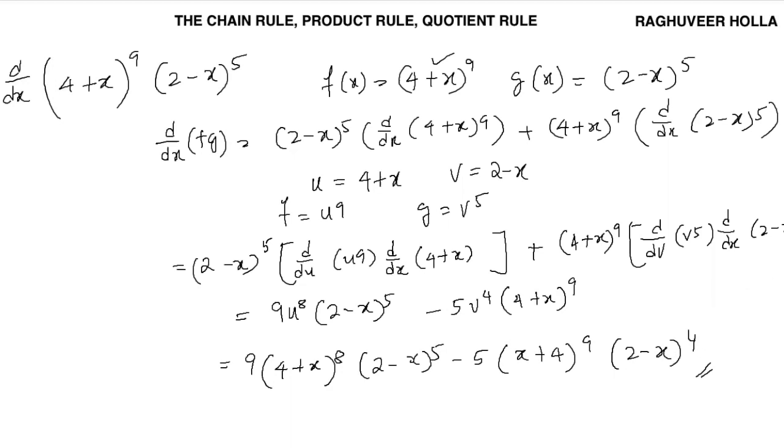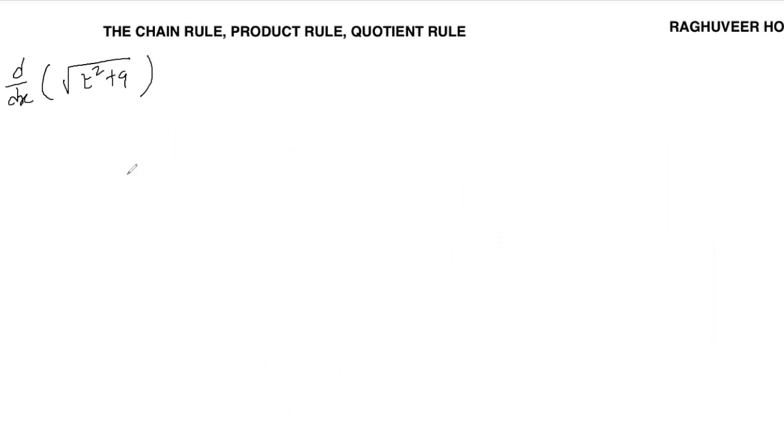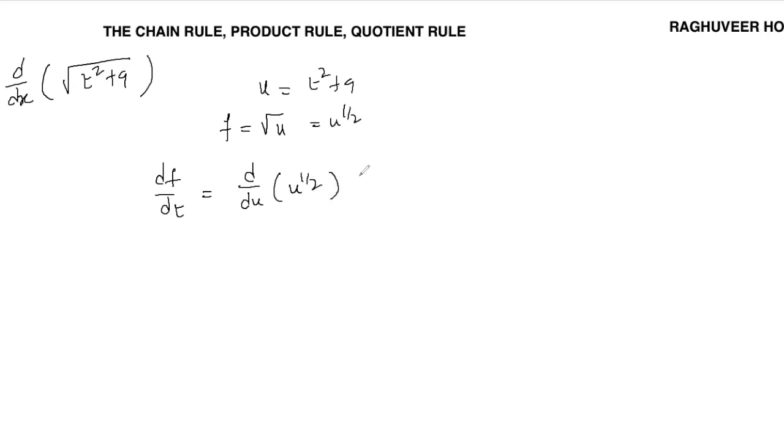Let us solve another problem. Now we'll apply the chain rule here. So u is t squared plus 9. So f is the square root of u, or u to the power of half, and df by dt is d by du of u to the power of half times d by dt of t squared plus 9.